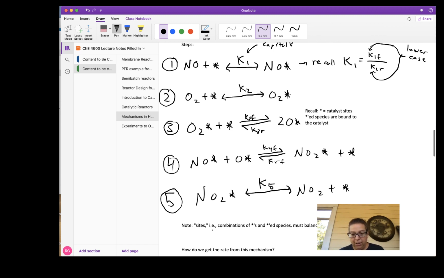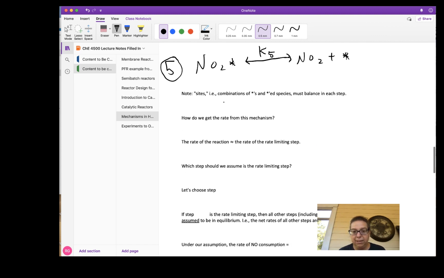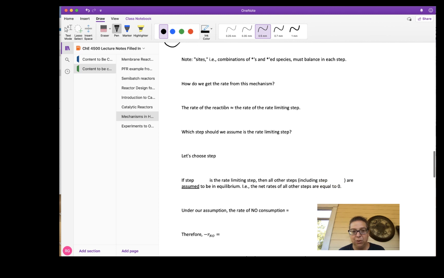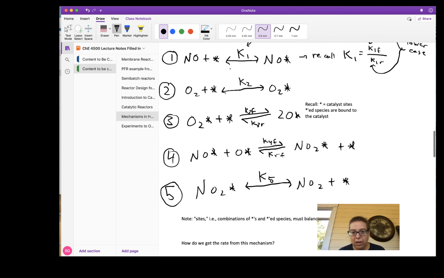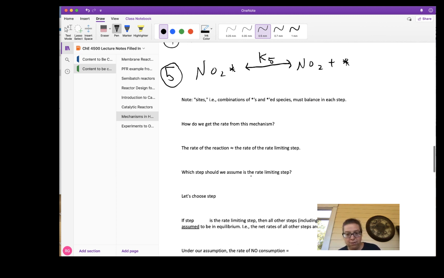So note again here, in this mechanism, the sites must balance in each step. So I believe that we've done that. We can check. Yeah, in this case, we have 2 sites over here. This is actually 2O star, so there's 2 oxygens bound to catalytic sites, so the sites do balance in all of the reactions.